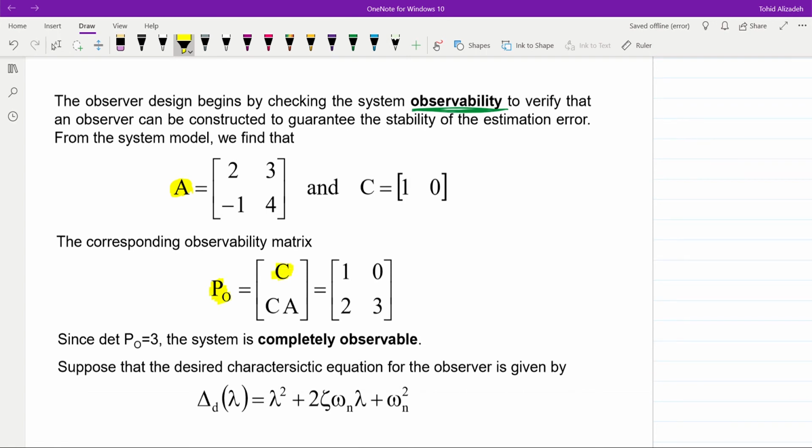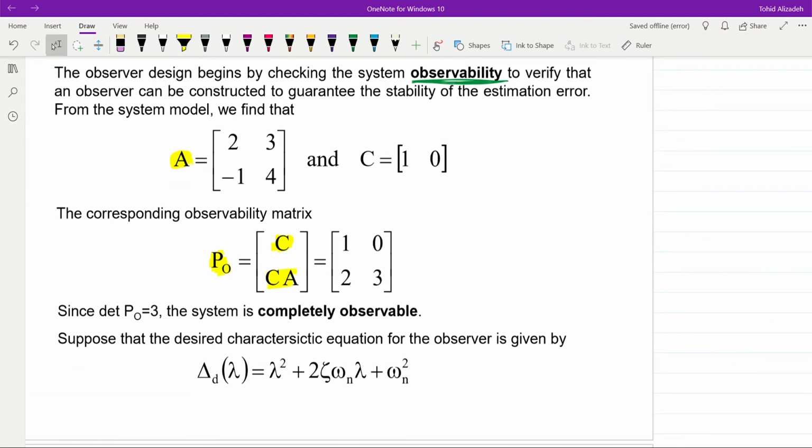And we can see that this is a full rank matrix. The determinant is equal to 3. It is not equal to 0, so the system is completely observable. It means that we can design the observer for this system.